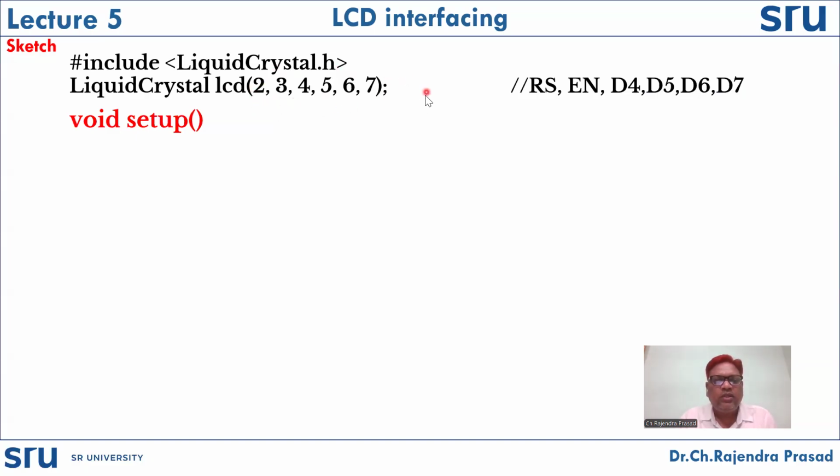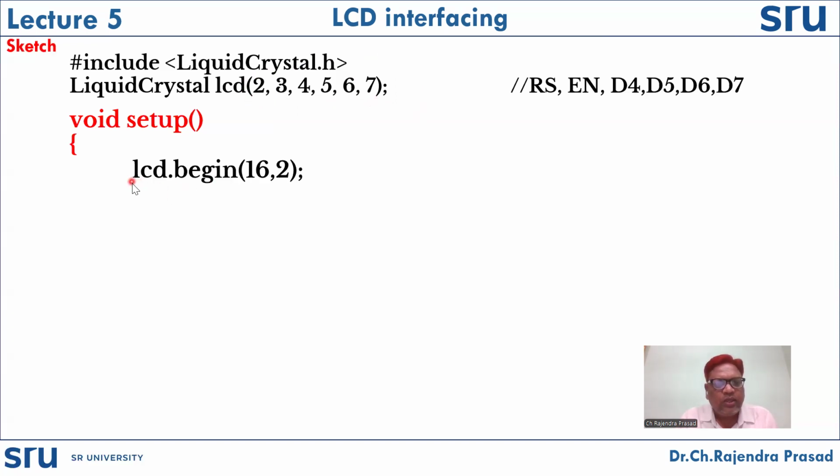Instead, there is one command provided, called the begin function. Why a function? Because this function will configure all these pins according to the input output requirements of our application or LCD requirement.